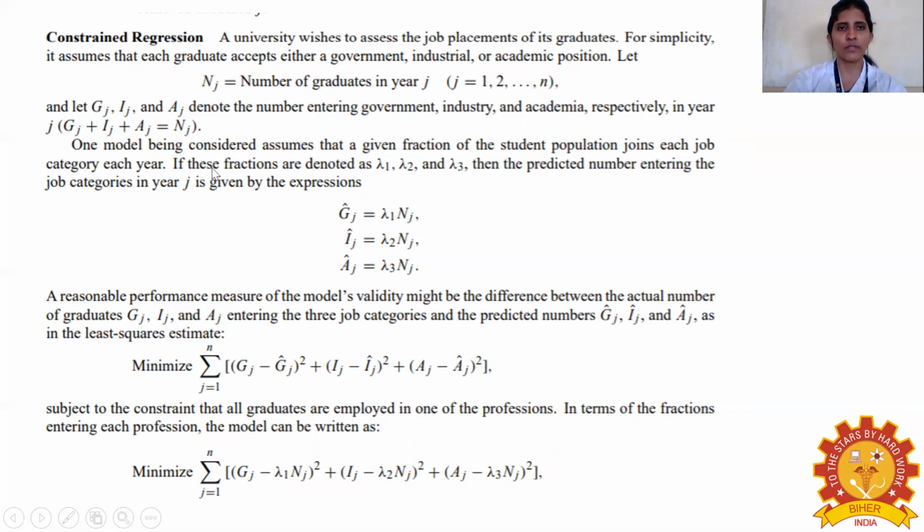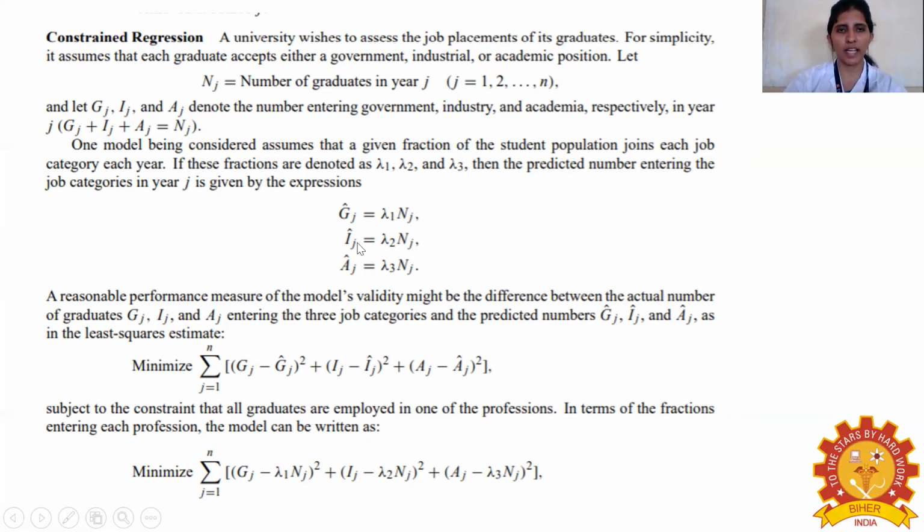Okay, so one model being considered assumes that a given fraction of the student population joins each job category each year. So if these fractions are denoted as lambda 1, lambda 2 and lambda 3, then the predicted number entering the job categories in the year j is given by the expressions gj negation, where this notation denotes the prediction, equal to lambda 1 times nj. Okay, so this lambda 1 is nothing but a fraction of the total population nj.